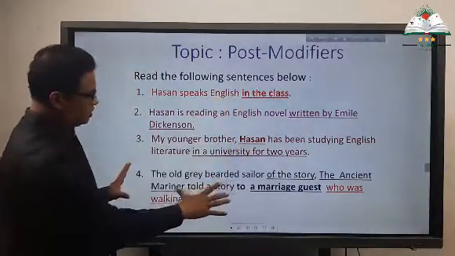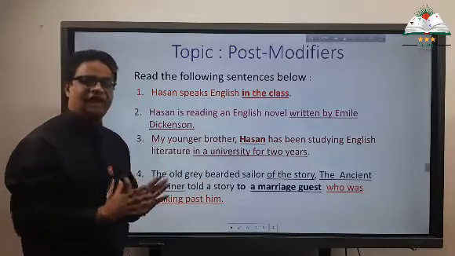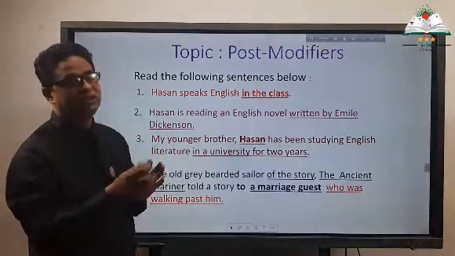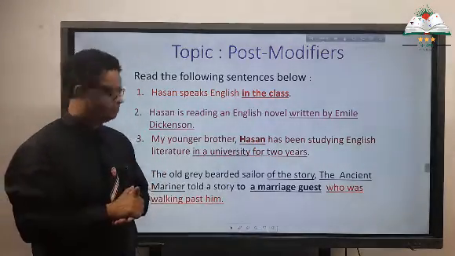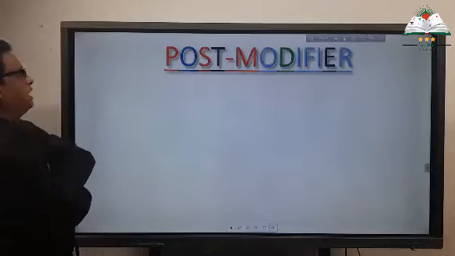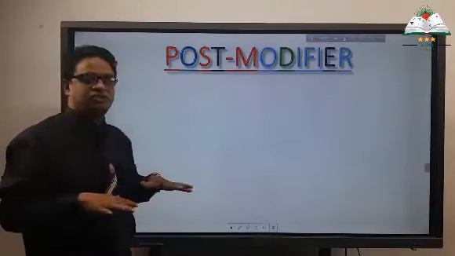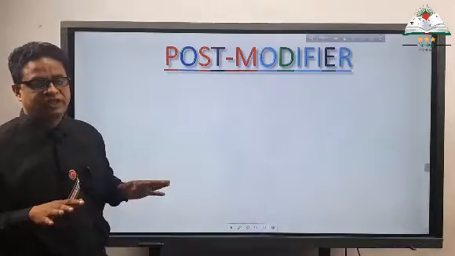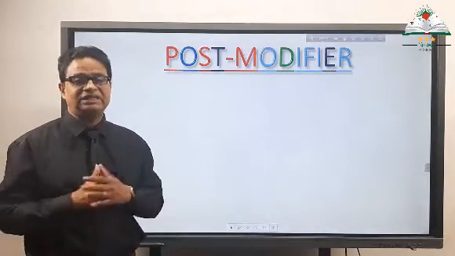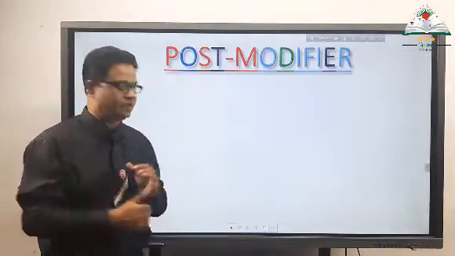All these words indicate that they are set just to give some extra meaning to the word they have been used with. So now, on the basis of these sentences, we can tell the definition of post-modifiers.